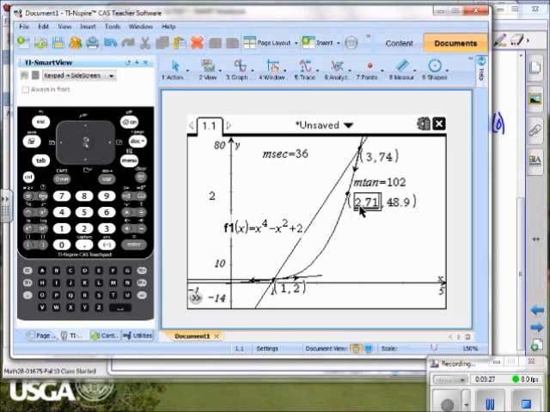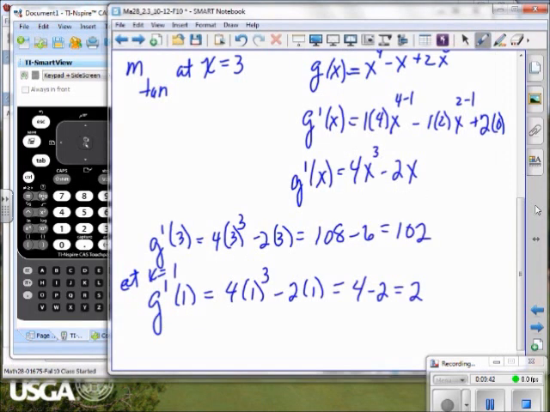Instantaneously, the slope would be 102. Yeah, 102. In other words, for every 1 unit increase, the output is going to be going about 102 units up there. So our difference is dramatic when we talk about average rate of change as opposed to that instantaneous.